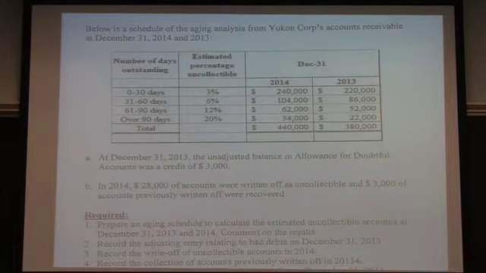They said that at December 31st, 2013, the unadjusted balance in allowance for doubtful accounts was a credit of $3,000. In 2014, $28,000 of the accounts were written off as uncollectible, and $3,000 worth of accounts receivable that were previously written off were now recovered.